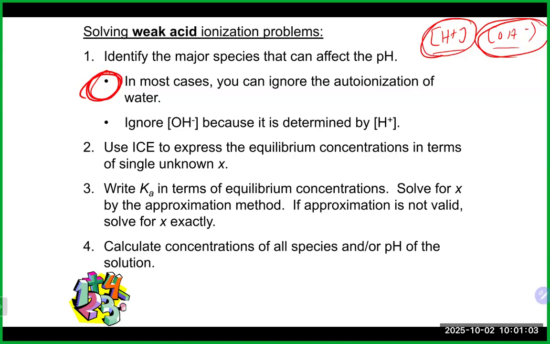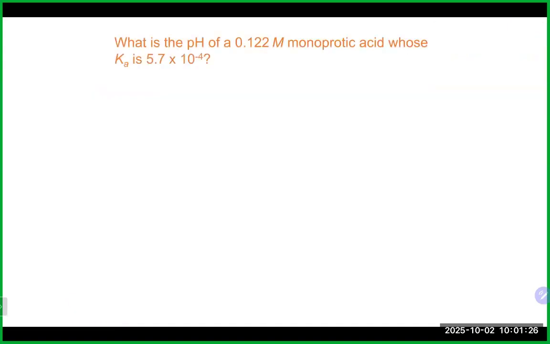If you do come across it somewhere like a book, sometimes they will say that water is a much greater concentration. We ignore the OH minus because it's determined by the H plus. So here we do use an ICE table, and it's really the same sort of approach. We can get our x, which is usually our H plus, and that will allow us to get to our pH.